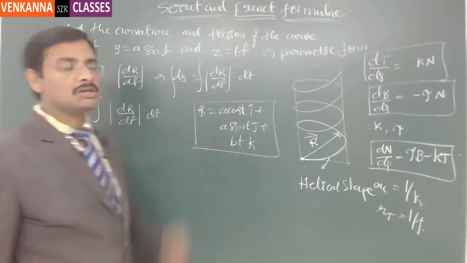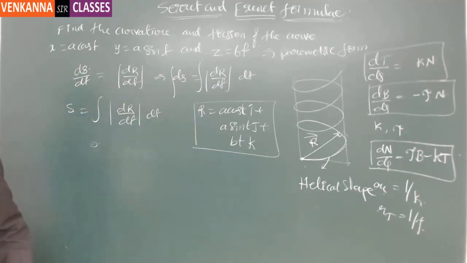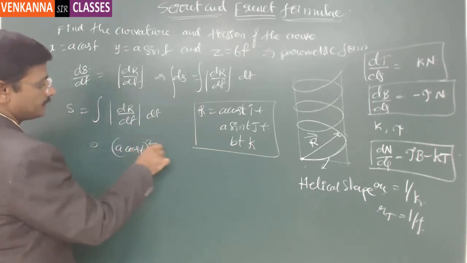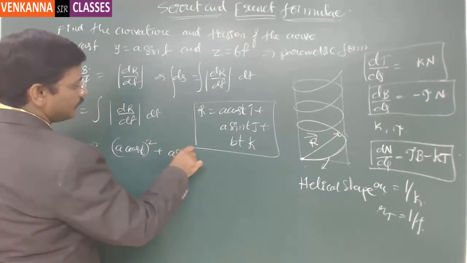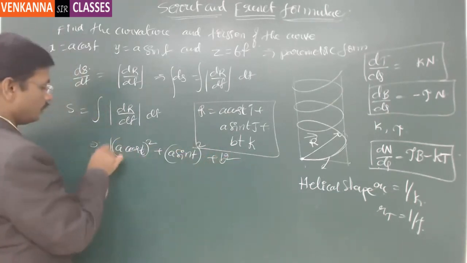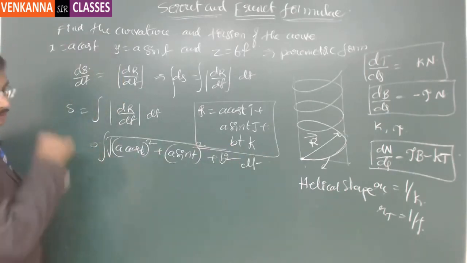Now you can find the modulus of this: a cos t whole square plus a sin t whole square plus b square, under root, and then you need to integrate with respect to t.